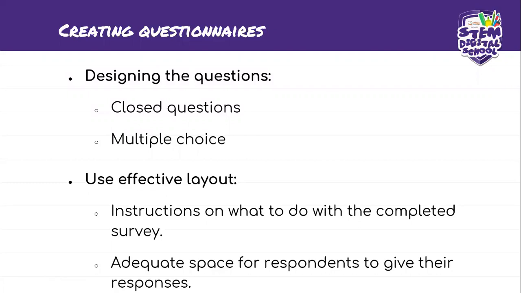How can I collect data? For me to find out how many homeless people are there in our area, I can use questionnaires. But when making questionnaires, my questions need to be closed questions. I need to make multiple choice questions also.